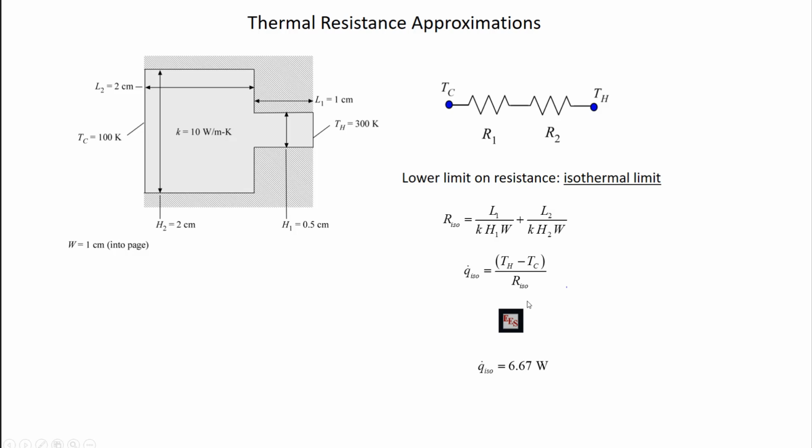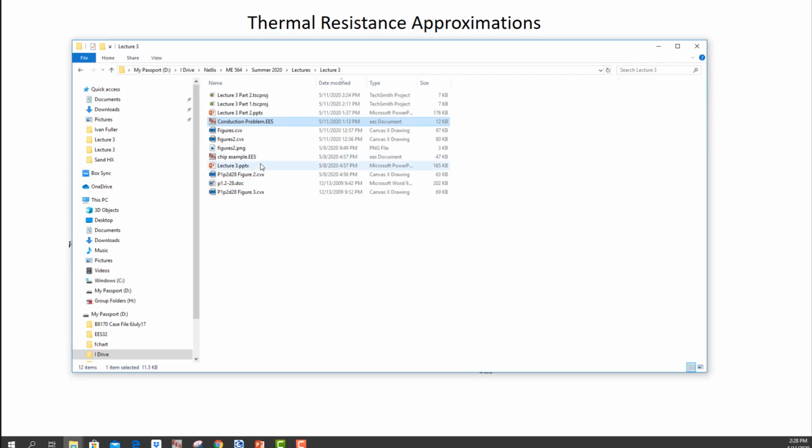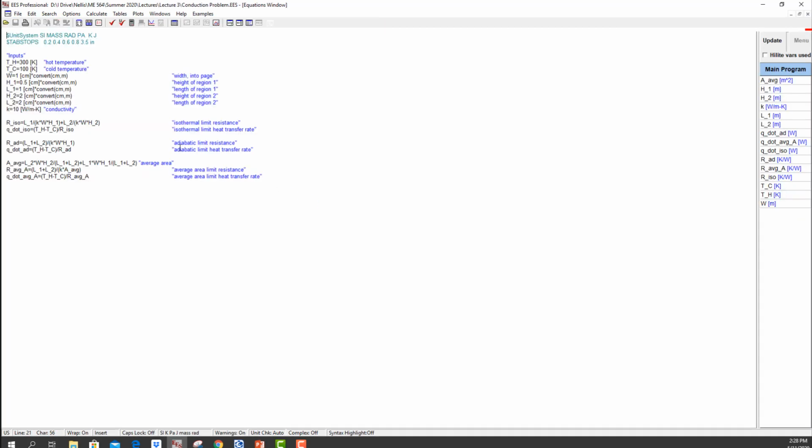And so when I plug that information into EES, which apparently I didn't bother to start, so hang on 1 second. Okay, so when I plug that information into EES, so that's what I did here.